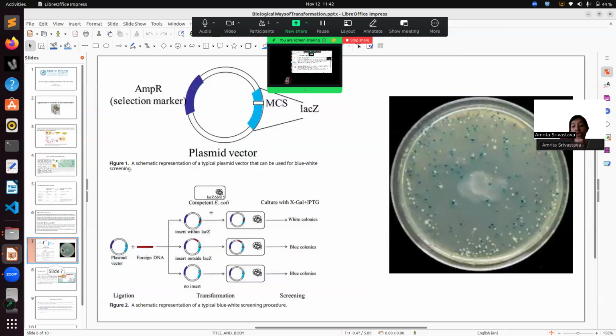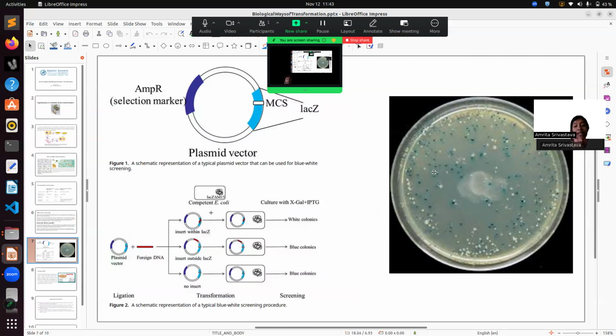So here I have shown in a Petri plate where the reaction has occurred. We can see different cultures that have grown in the Petri plate. Wherever the blue color exists, that means that the beta-galactosidase coding genetic region has not been disrupted by transformation, and the transformation has not occurred.